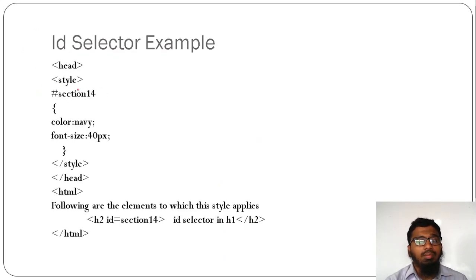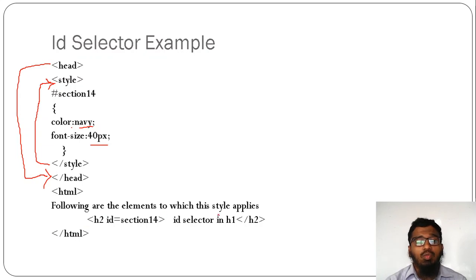So here, ID selector example. Style: hash section 14. What is the color? Color is navy and font size is 40px. Style is closed, and this is written in the head tag. Okay, this is in the head tag.